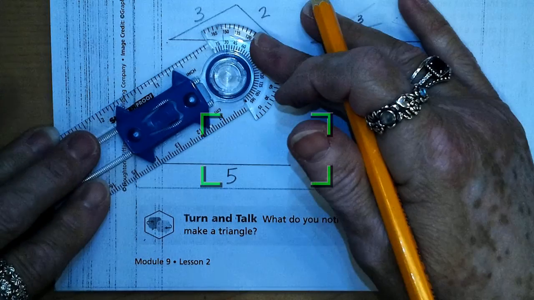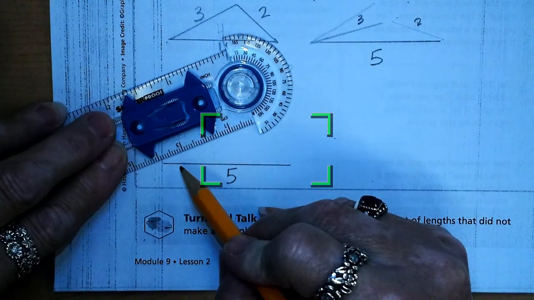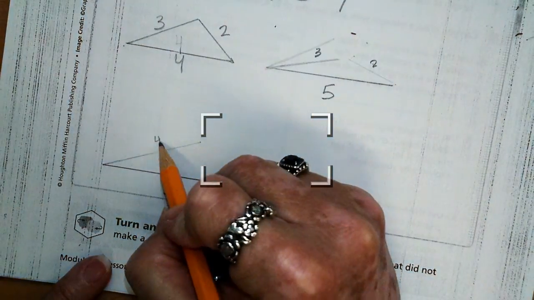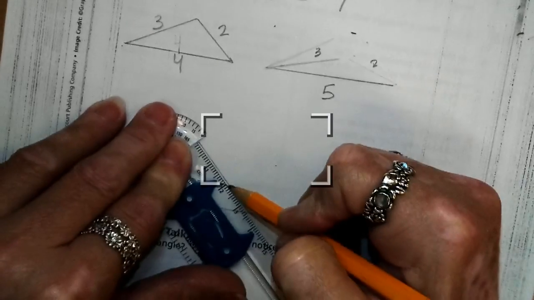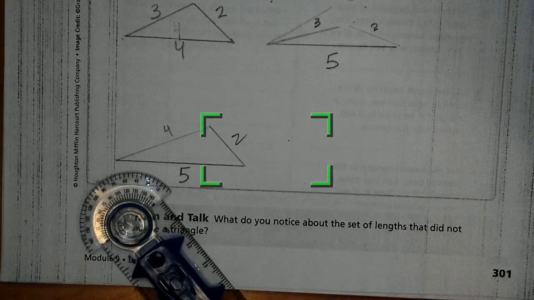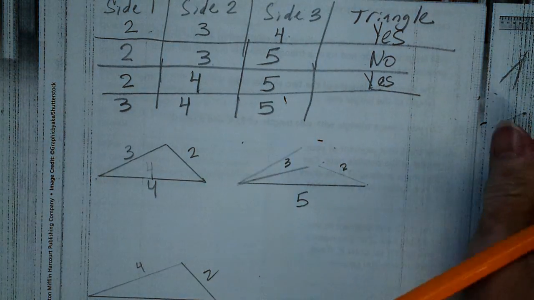It's going to have to be lower. So I'm going to try it there and see if that works. So this would be my 4, and then let me try my 2 here, right? Yep. So that one works, right? So go back up here and write yes. So 4, 5, and 2.